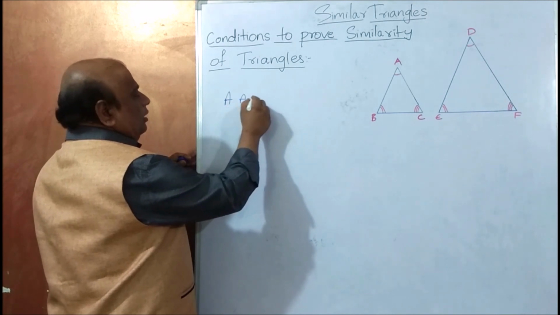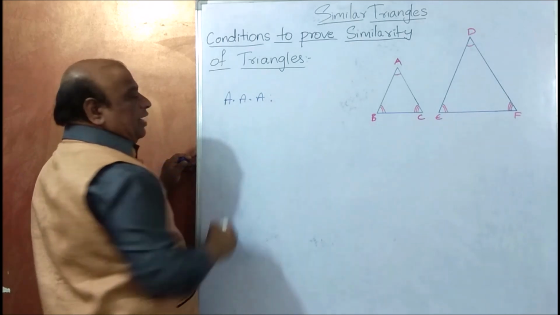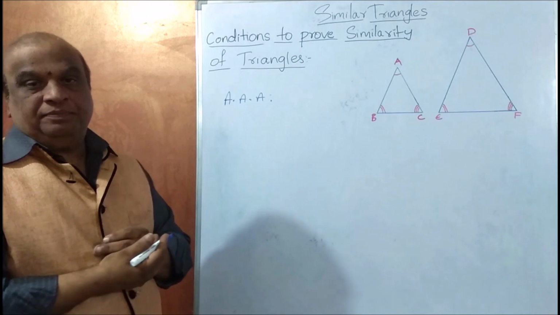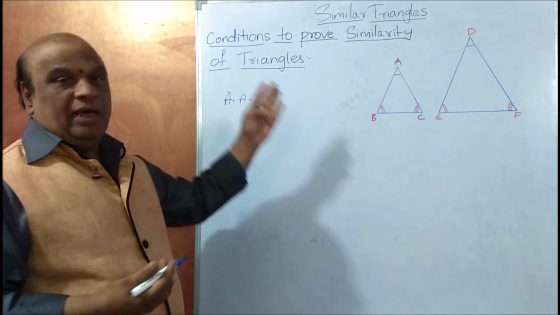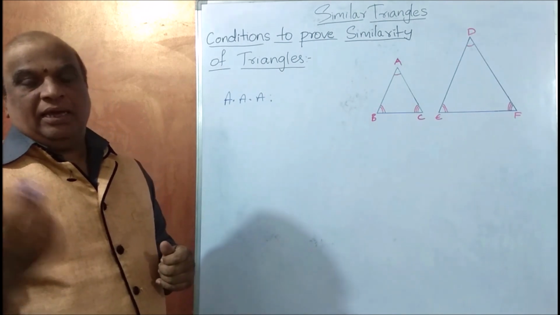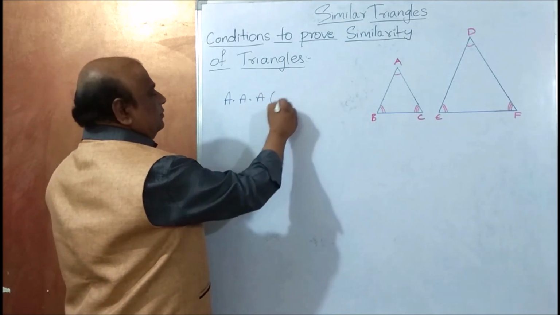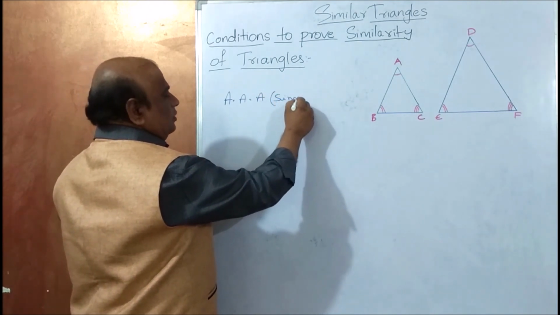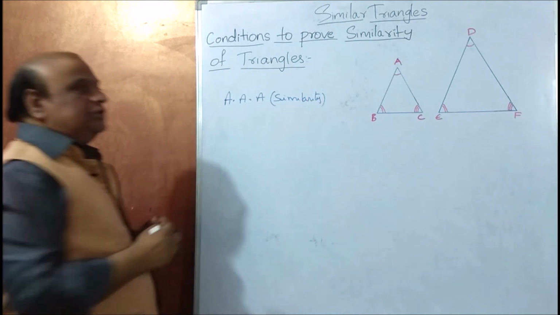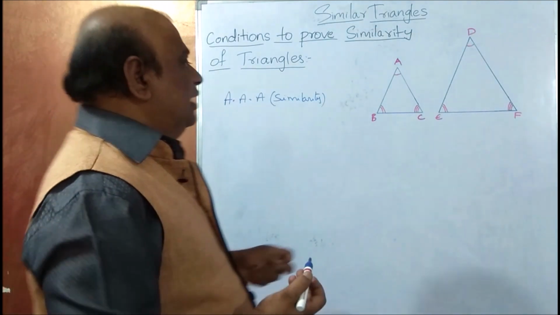AAA. This is the first condition. What about A? Angle. So the full form is angle similarity. AA similarity means what? We have to check the corresponding angles.